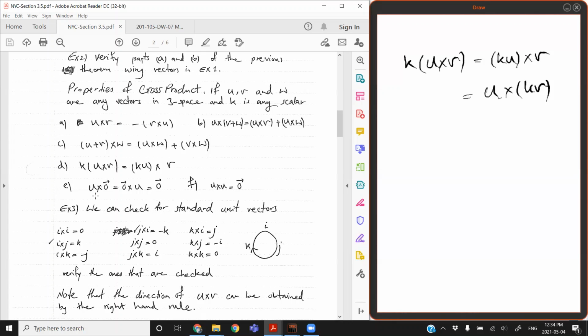If you multiply a vector by the zero vector using the cross product, you're going to get the zero vector in any order. This is obvious from the definition, because if you have i, j, k, and you have a row of zeros, and let's say u1, u2, u3, this is going to be 0 times i plus 0 times j plus 0 times k, because of this row of zeros.